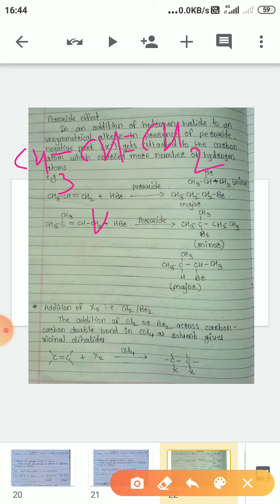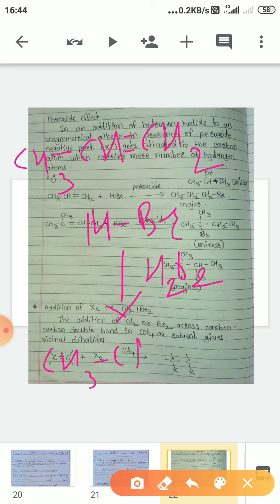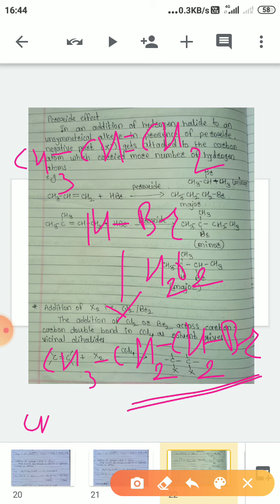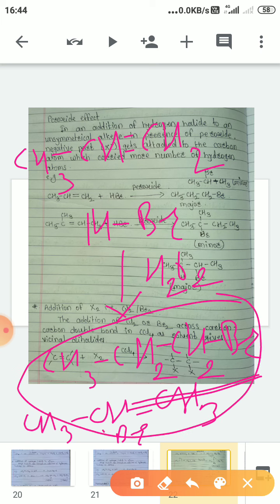We are going to add HBr across the carbon-carbon double bond in the presence of peroxide, H2O2, hydrogen peroxide. We will get CH3 CH2 CH2 Br as the major product instead of CH3 CHBr CH3. So this is the peroxide effect.